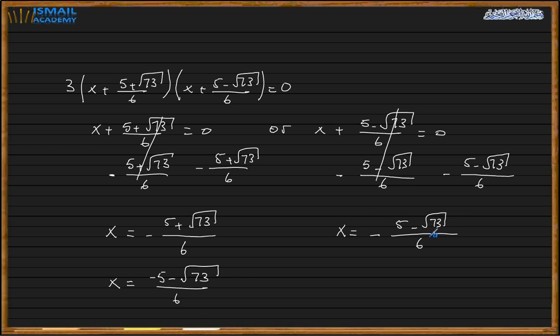If I distribute the minus, I will end up having x equal to (-5 + √73) over 6. And those will be my solutions. So let me write it in a short way: x equals minus 5 plus or minus √73 over 6. Those mean that each of them gives one solution.